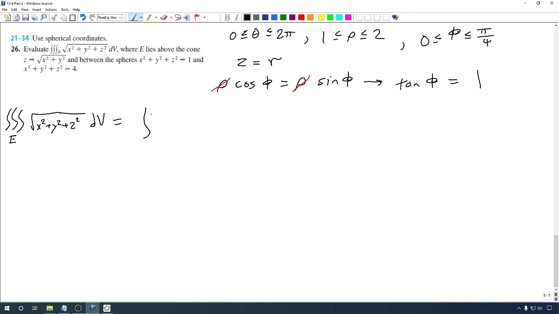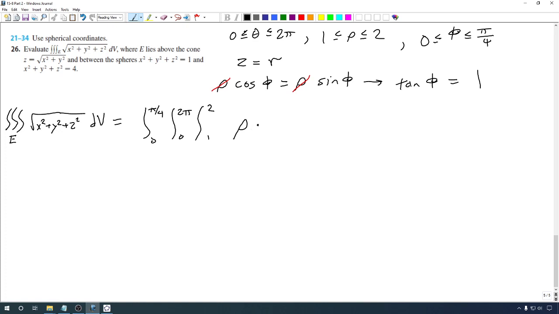So phi is going from 0 to pi over 4. Theta is going from 0 to 2 pi. Rho is going from 1 to 2. The square root of x squared plus y squared plus z squared, hopefully you can recognize that as just being rho itself.